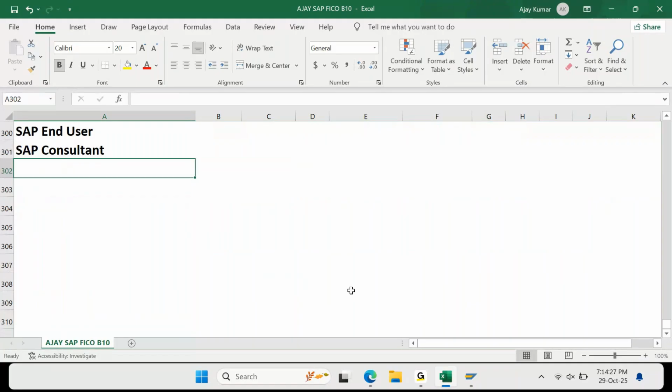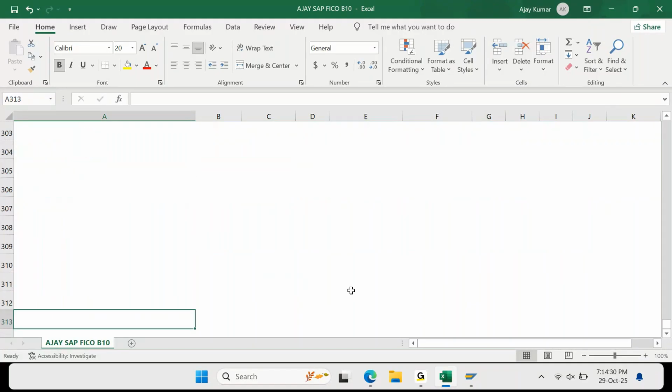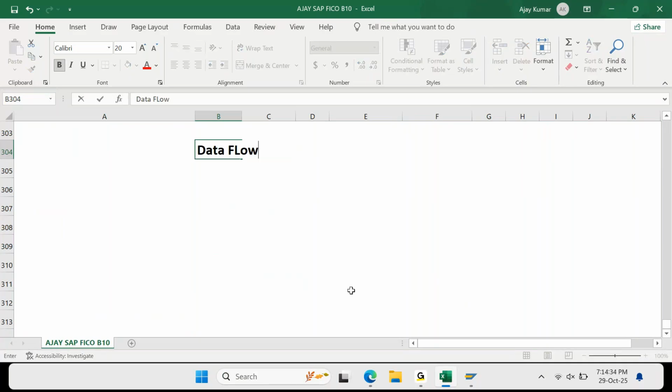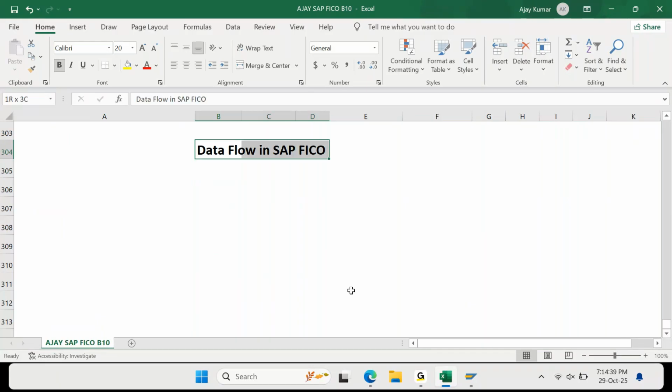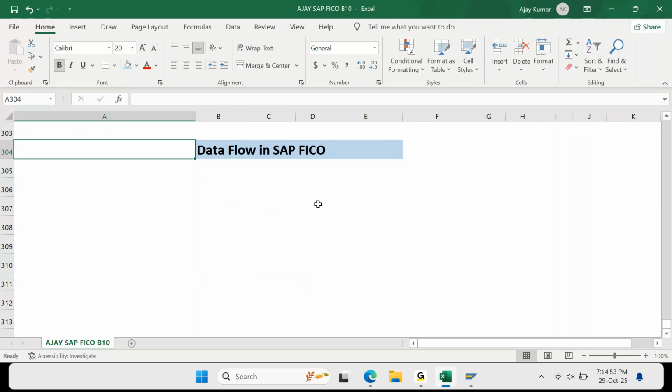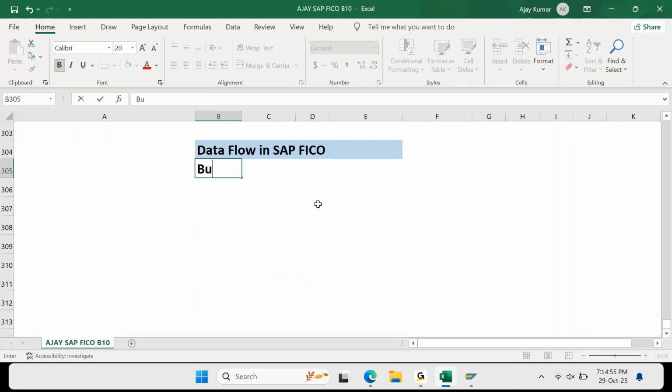Now, one more thing that you'll have to understand is something called data flow in SAP FICO. Whatever we talk, we will keep it specific to SAP so that it is easy for us to understand what we are doing and how we are doing it. Now, when we say data flow in SAP FICO, it all begins from the business requirement.